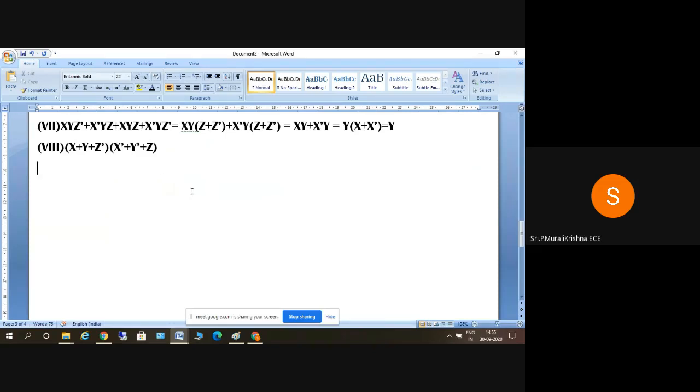Okay, so first multiply these operations. So expand this one, then afterwards we'll see what we can do. So the expansion will be like this. So x into x bar will be equal to 0.